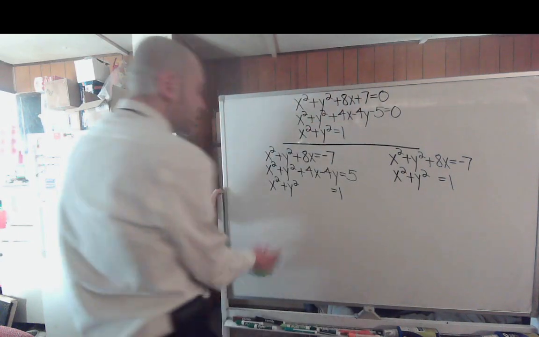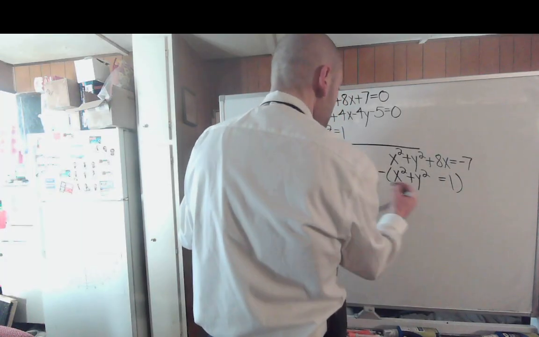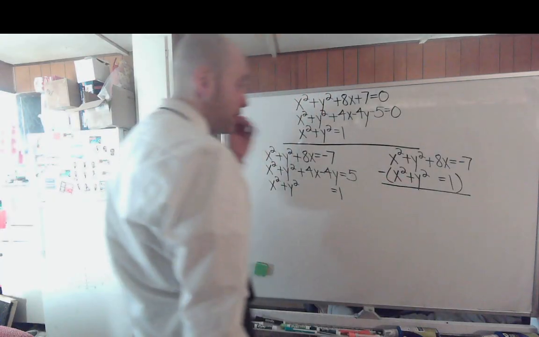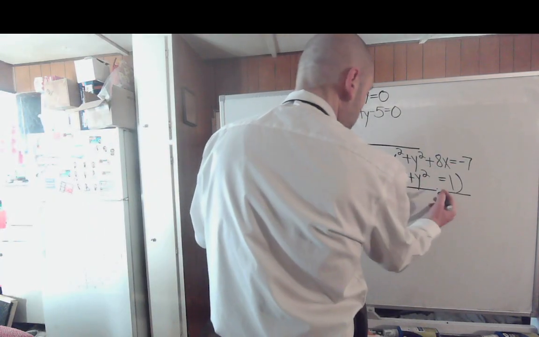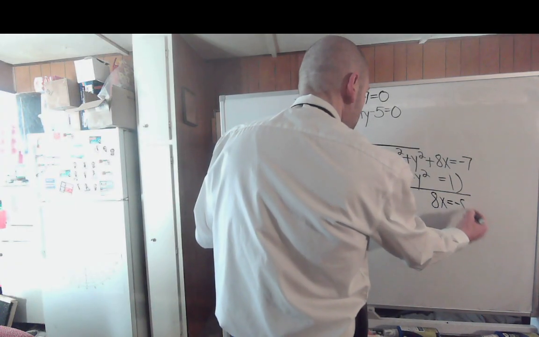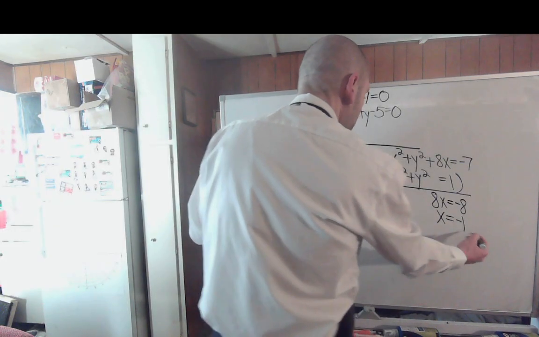If we subtract the third equation from the first here, notice right away you can eliminate your x squared and y squared. You drop down to a simple linear equation. You would have 8x equals negative 8. Thus, you already got your x value. x equals negative 1.